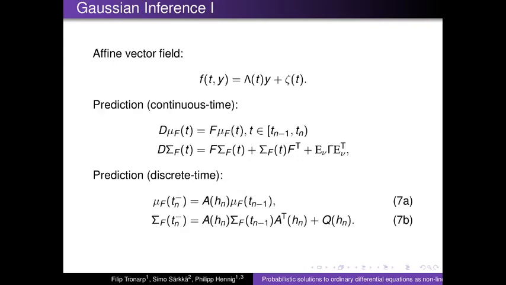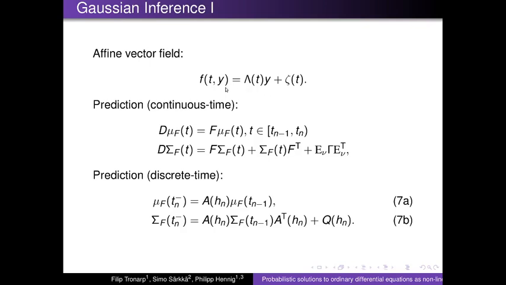The template for all the approximate inference schemes is the exact inference scheme for when the vector field is affine, in which case the system is Gaussian and we can solve it exactly by Kalman filtering and smoothing.